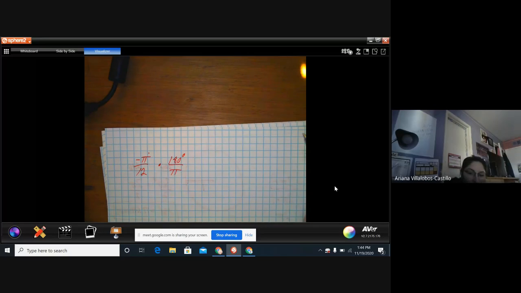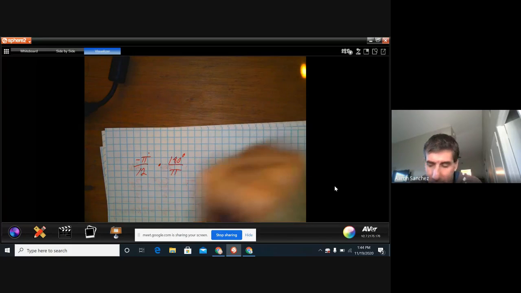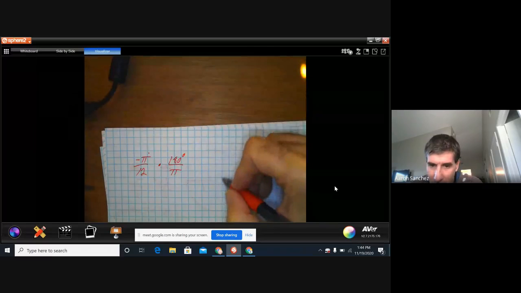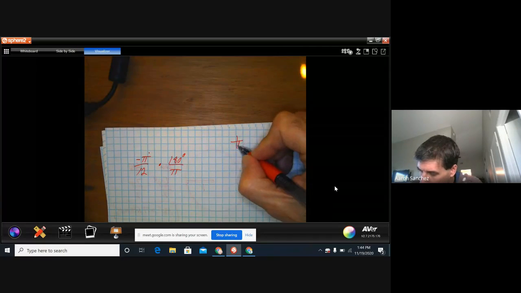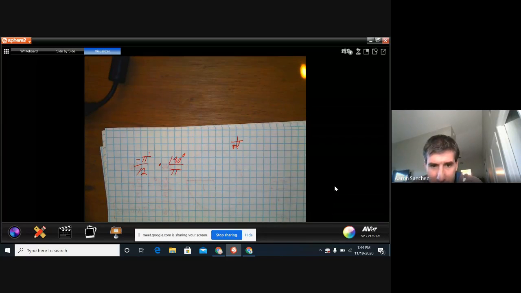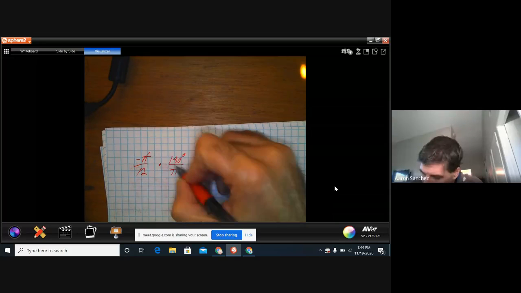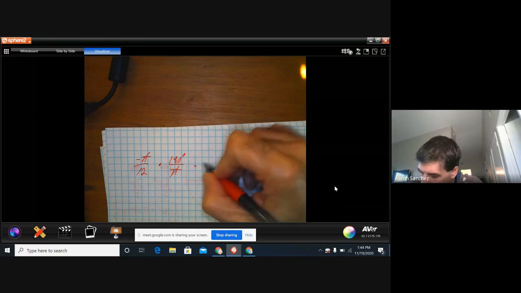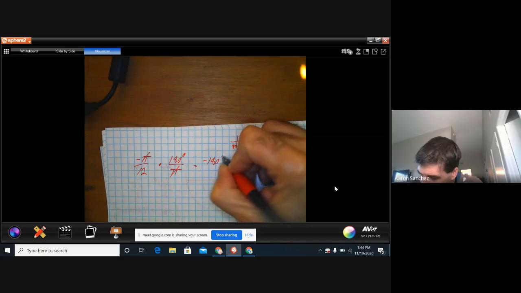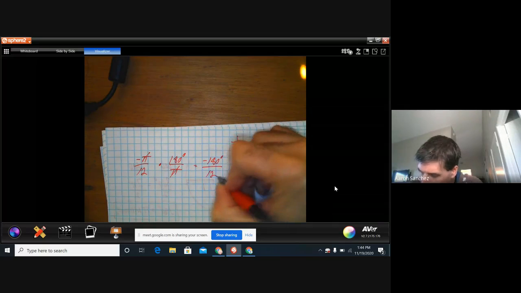Weird, huh? That just means we go backwards. If we had our unit circle, we're going in this direction. So watch what happens. You cross out the pi's, because those cancel out. And it's equal to negative 180 degrees divided by 12.